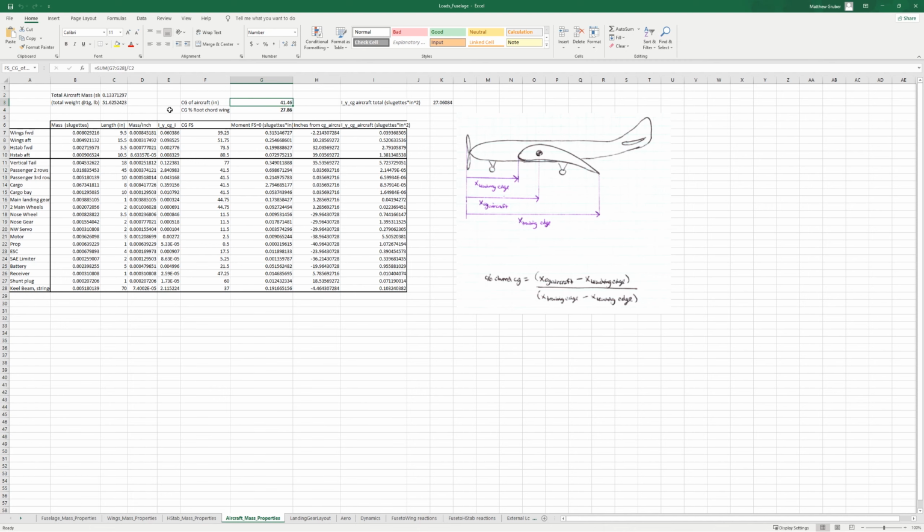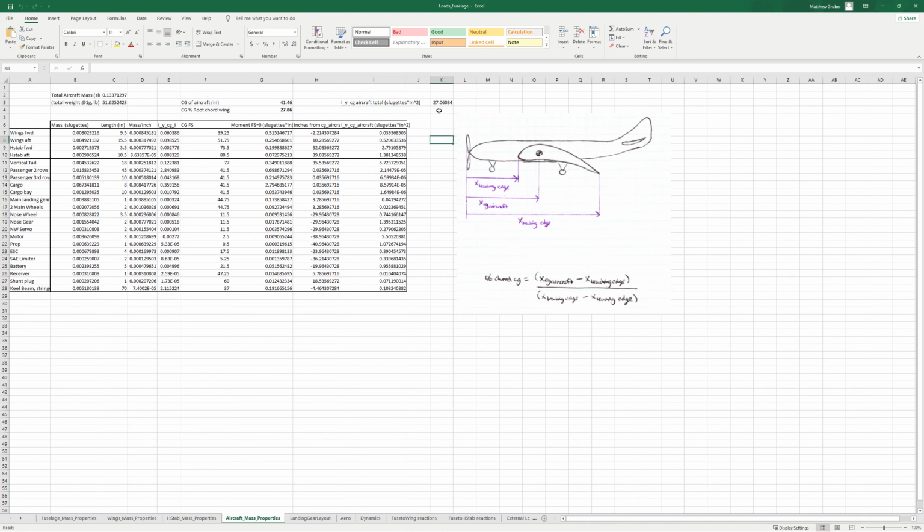So in addition to calculating the total weight, we also calculate the total moment of inertia of the entire aircraft about the pitch up and down axis.